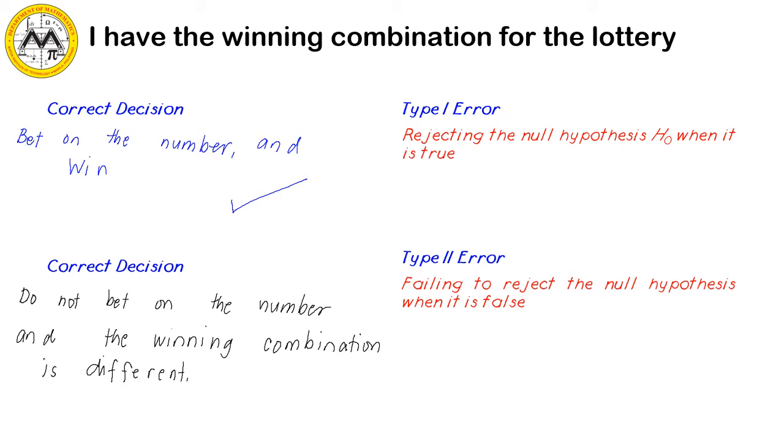When do we commit type 1 error? Type 1 error is rejecting the hypothesis. So I have the winning combination, but you reject the hypothesis, so you did not bet.